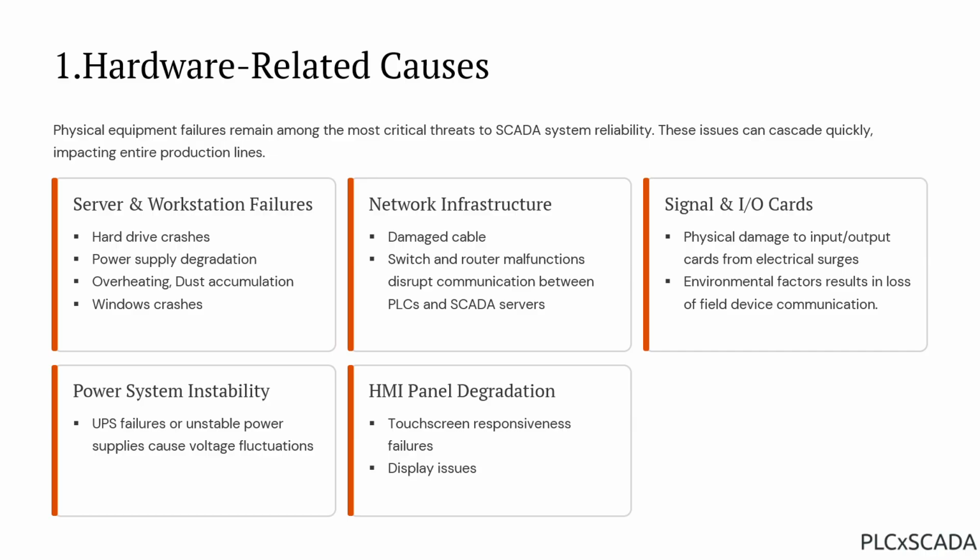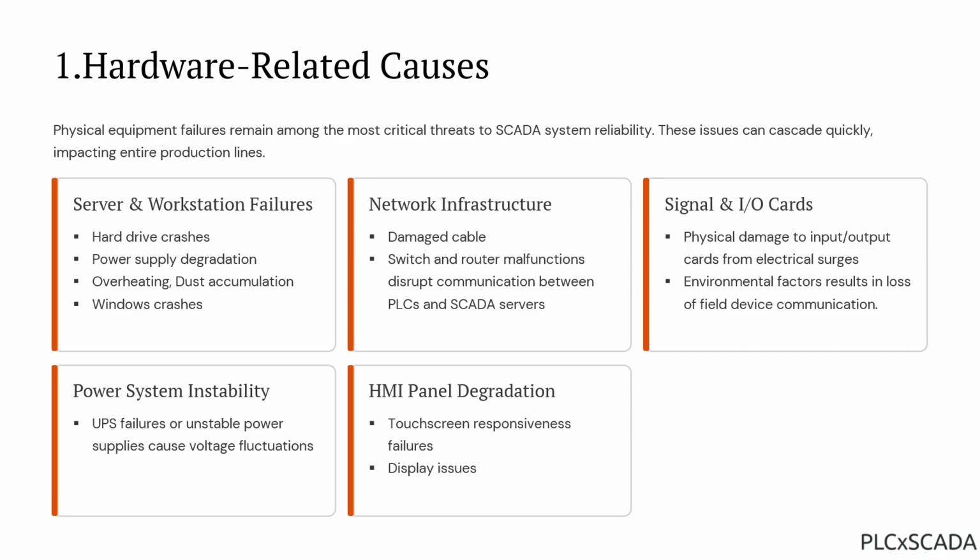In a lot of plants, the SCADA computer is kept in a dusty environment. The cooling fan gets blocked and the CPU overheats. In this way, the system shuts down and the SCADA system fails.